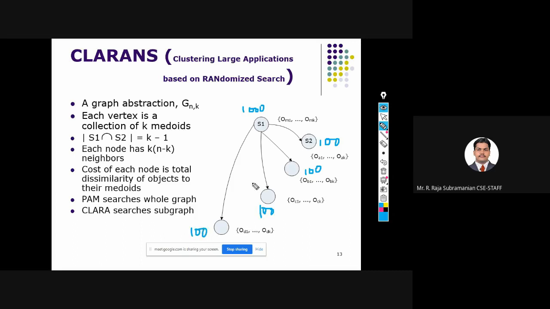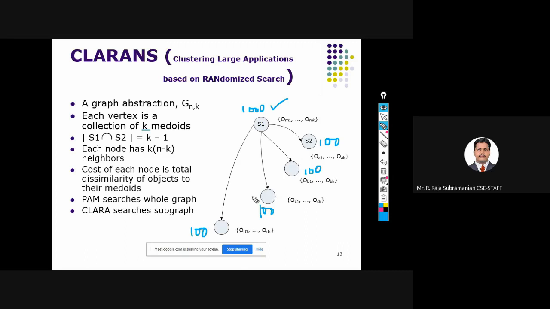So this is where PAM comes in. I'm partitioning everything. Out of this 100, I'll be selecting the best 5 medoids, the best k medoids. Whatever k is given to you, you select that k and assign it. If you directly select the k from here, then it is k medoid and it is PAM. But you make it like this.